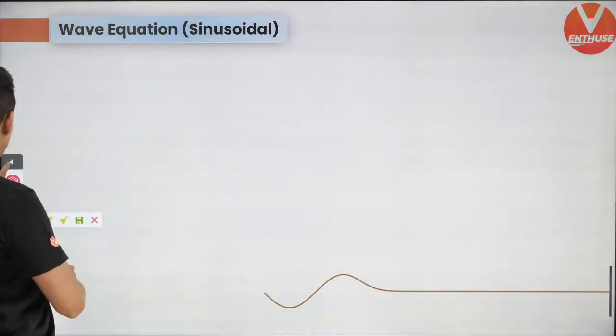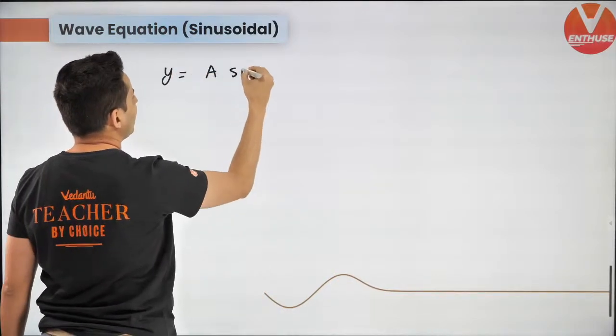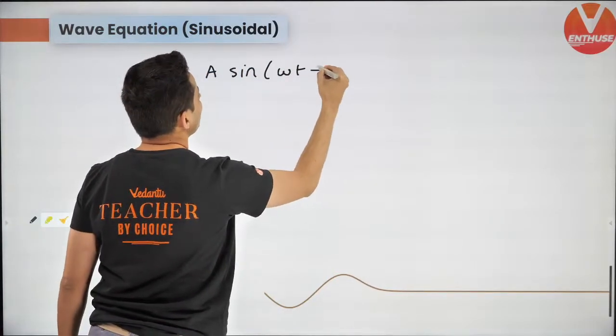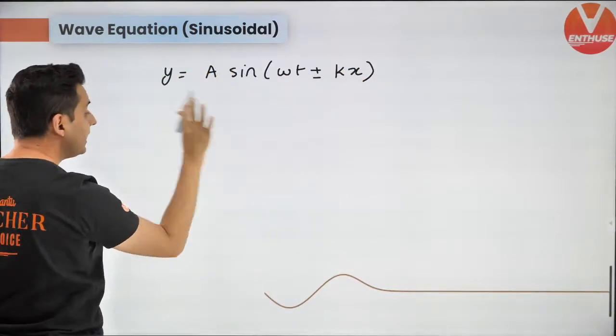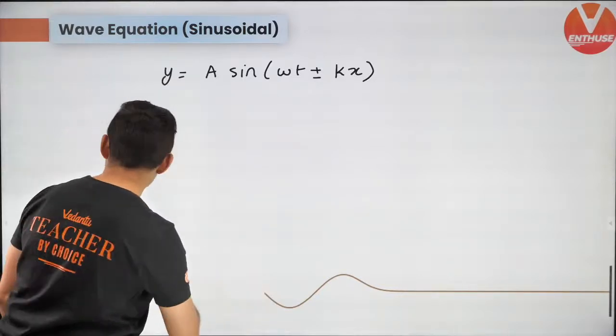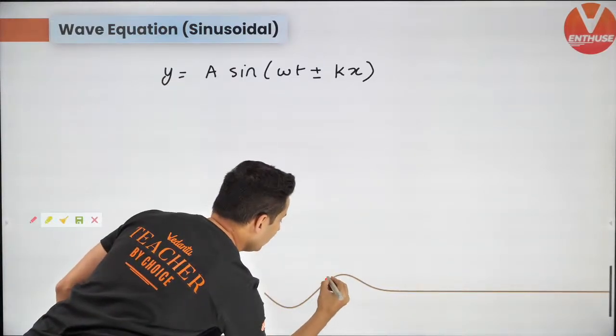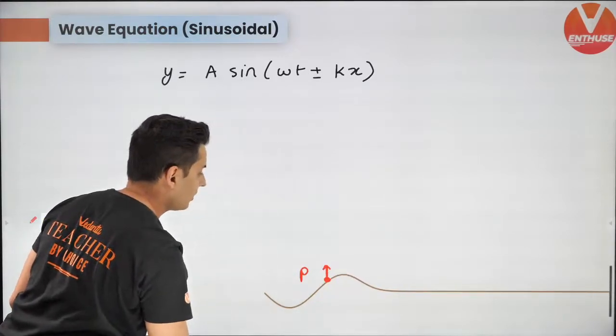And lastly, this one. Remember y was, let's say for example, a sine omega t plus minus kx, doesn't matter which one you write first. Then very important stuff, guys. If you concentrate on any point over here, this point will be going up or down.